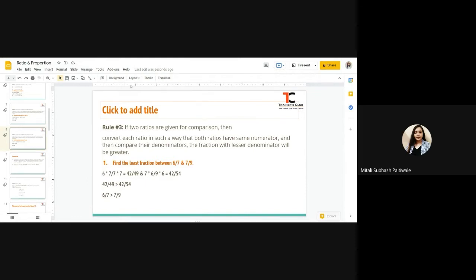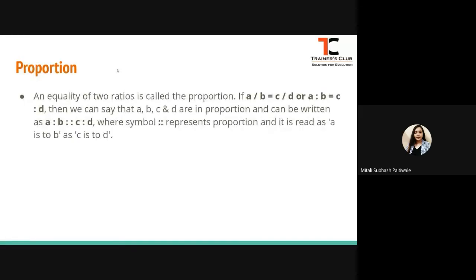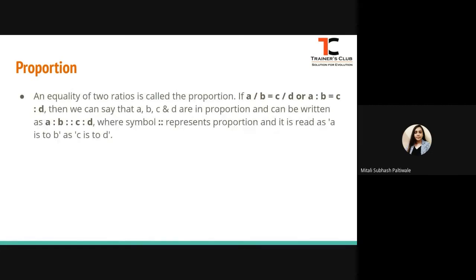Now proportion is nothing but the equality of two ratios, wherein you are equalizing the ratios and making a proportion out of it. An equality of two ratios is called proportion.